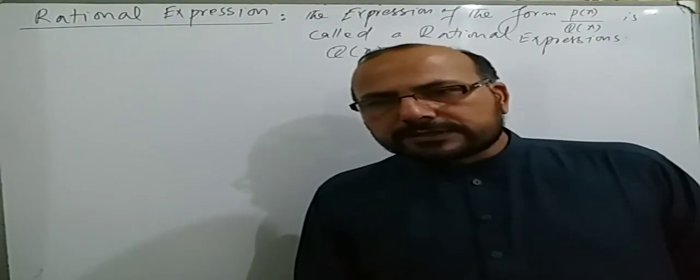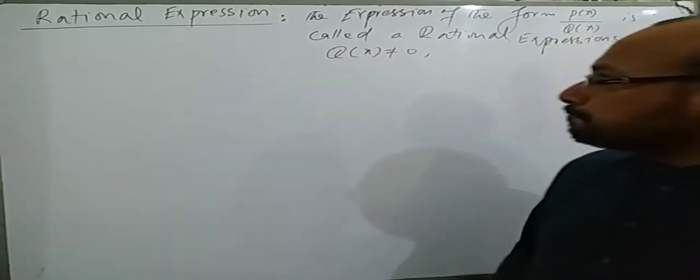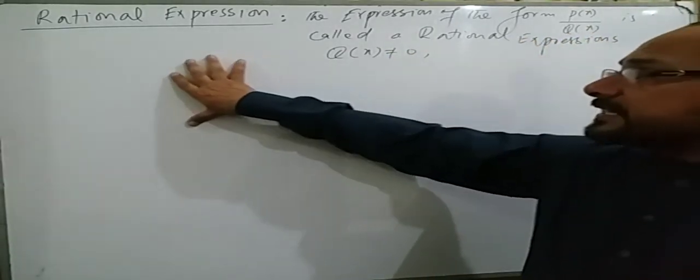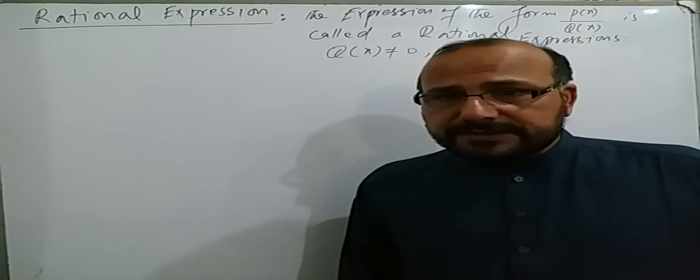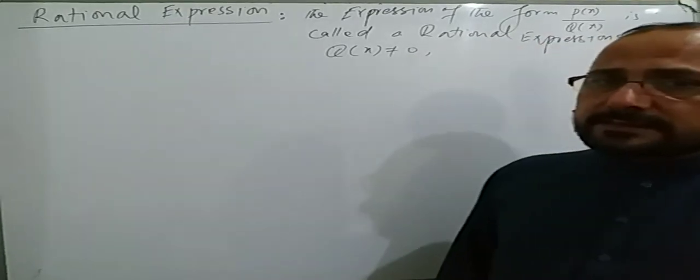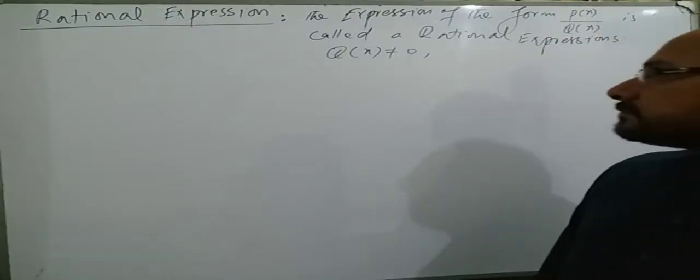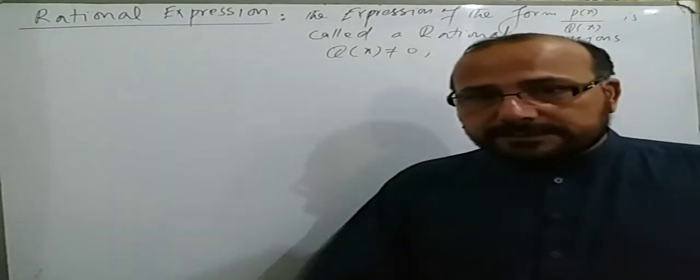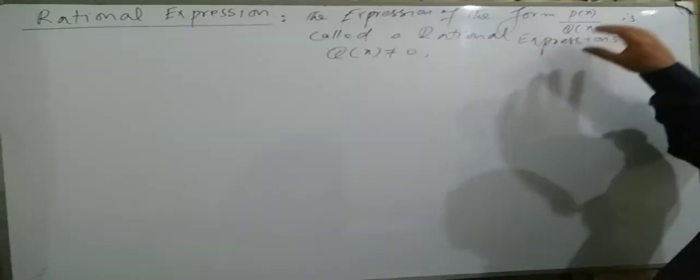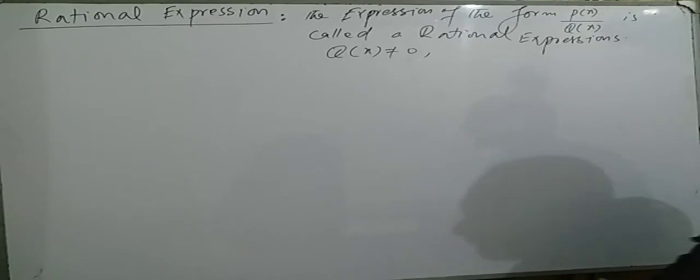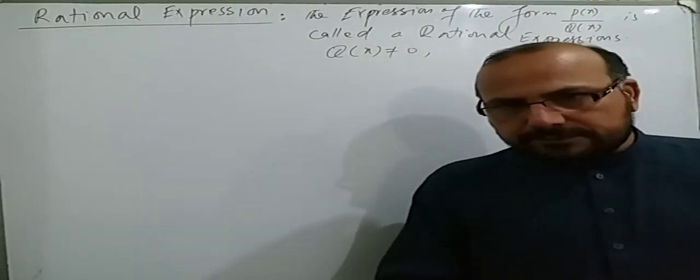So first you need to understand the definition of rational expression. The definition says that a rational expression, or you can say an algebraic expression, is in the form of p of x over q of x, meaning in the form of a fraction.